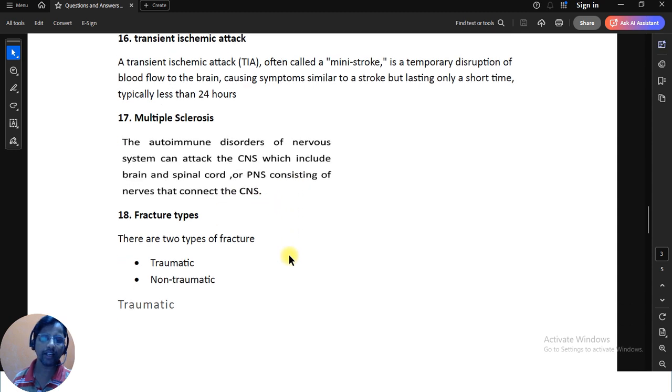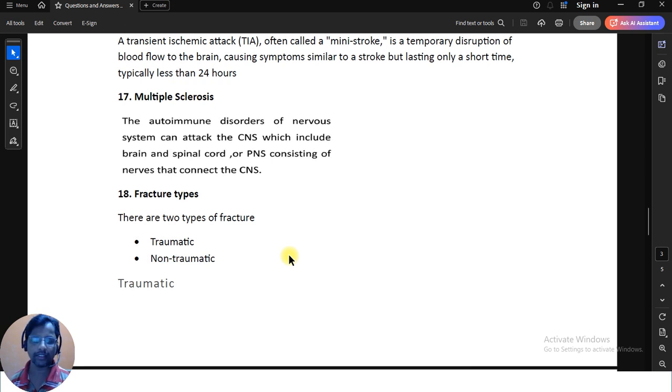Okay. Next, what are the fracture types? There are two types of fractures: traumatic fractures and non-traumatic fractures. Most of the time traumatic fractures are acute conditions, which occur due to injury or accidents. Non-traumatic fractures are most of the time due to bone conditions like osteoporosis, bone cancer, or any type of neoplasms.